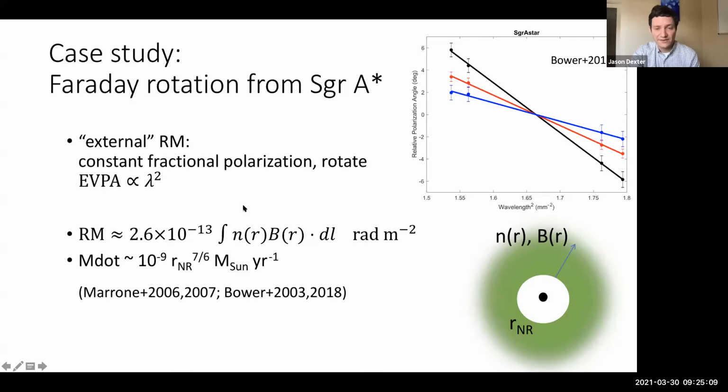You can write down what this Faraday rotation measure should be once you integrate through the source. And knowing radial profiles of density and magnetic field strength from accretion theory, you can turn this around and phrase it, for example, as a way to estimate the accretion rate onto the black hole, M dot, the accretion rate.